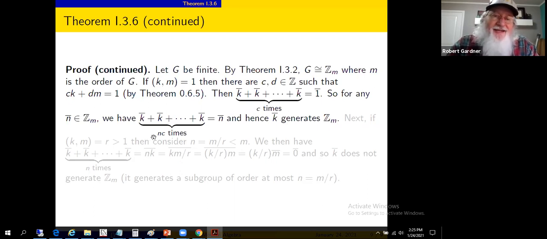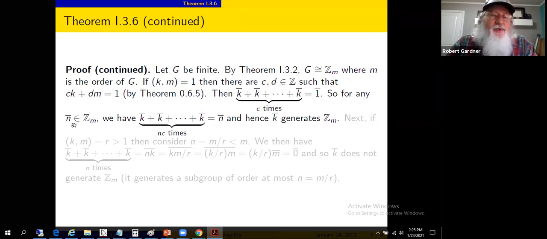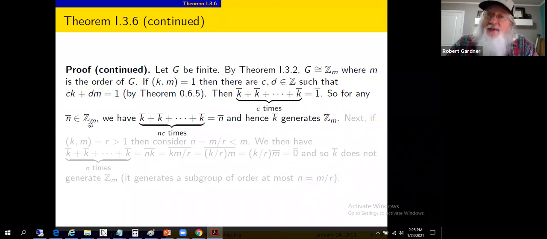That gives us a total of n times C copies of K bar, right? n copies of this and n copies of that produces this equation. So we took an arbitrary equivalence class in Z sub m, and we generated it with these K bars. So K bar generates Z sub m.